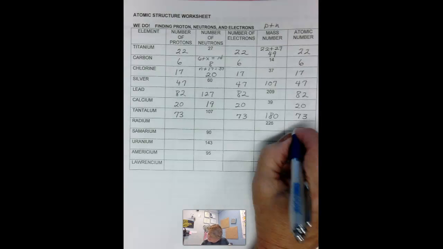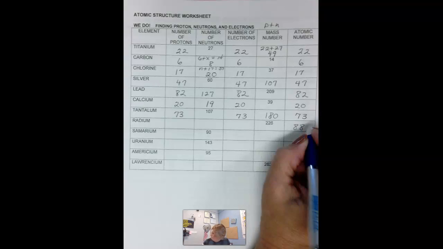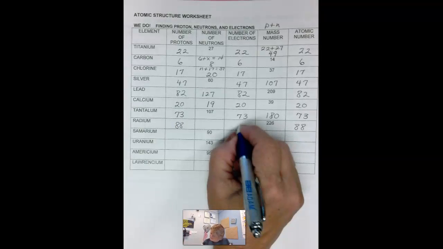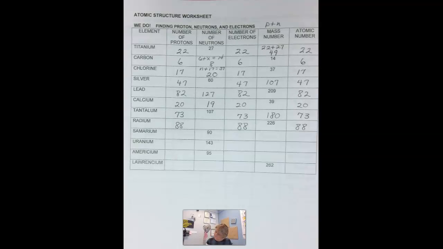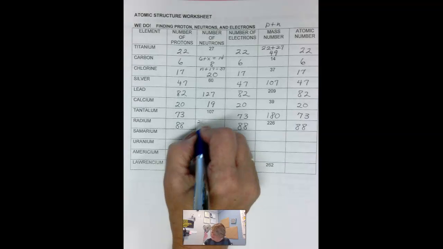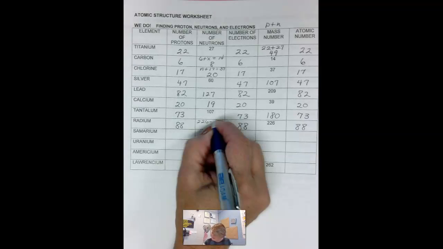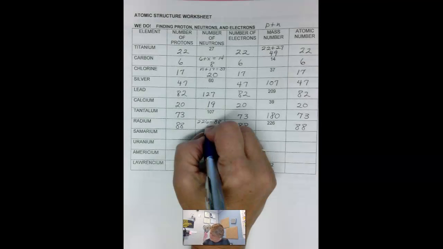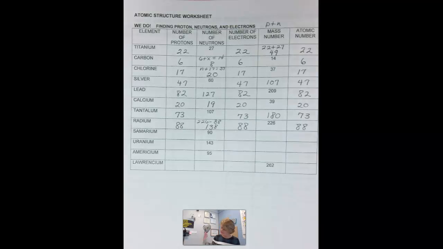Okay, radium is 88. Gives me 88 protons, 88 electrons. And if the mass number is 226, I'm going to need to take 226 minus 88, which is 130. To be sure, you always check my math, don't trust me.